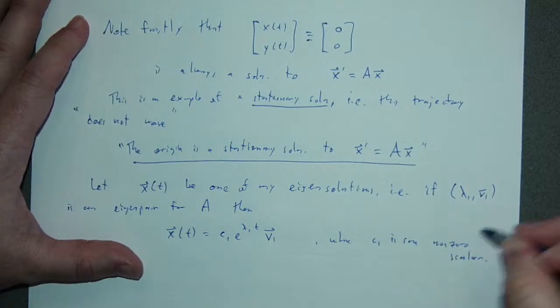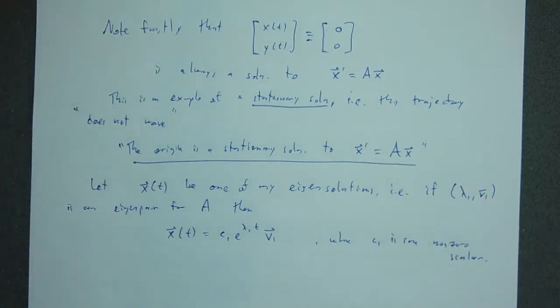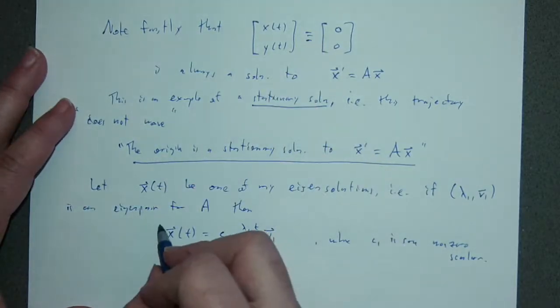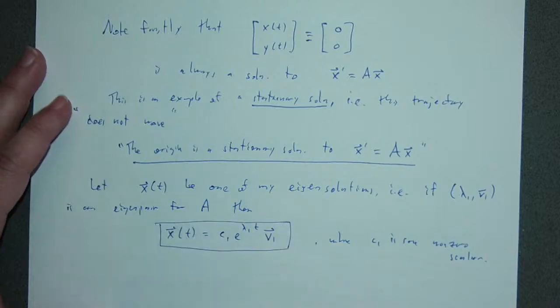Why can we say c1 is allowed to be a non-zero scalar? Because we've already taken care of the c1 equals 0 case when we talked about the stationary solution, which is just the origin. If c1 were equal to 0, then you get your trivial solution. Okay, so let's consider this thing.